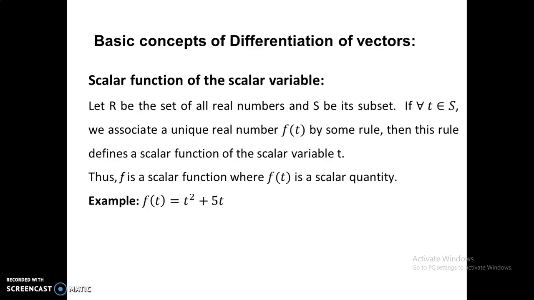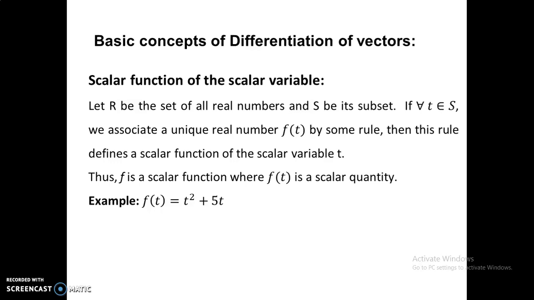Let R be the set of all real numbers and set S be a subset of the real numbers R. If for every number t which belongs to the subset S, we associate a unique real number f of t by some rule, then this rule defines a scalar function of a scalar variable t.